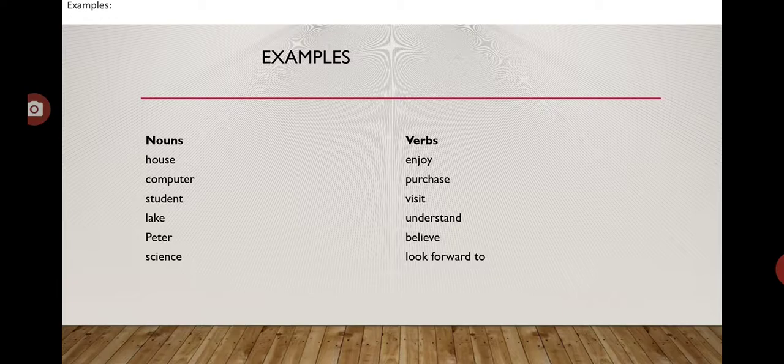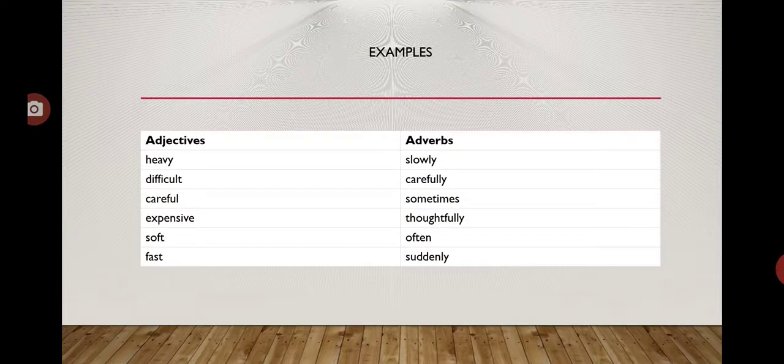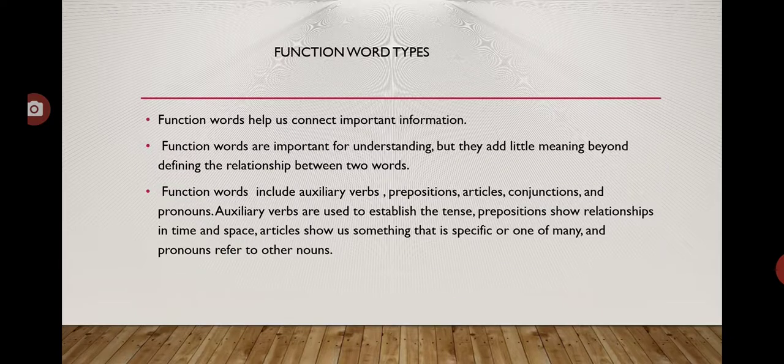Then next, adjectives and adverbs. We have many more examples like heavy, difficult, careful, expensive, soft, fast. Adverbs like slowly, carefully, sometimes, thoughtfully, often, certainly. Okay, so this kind of difference we can see here.